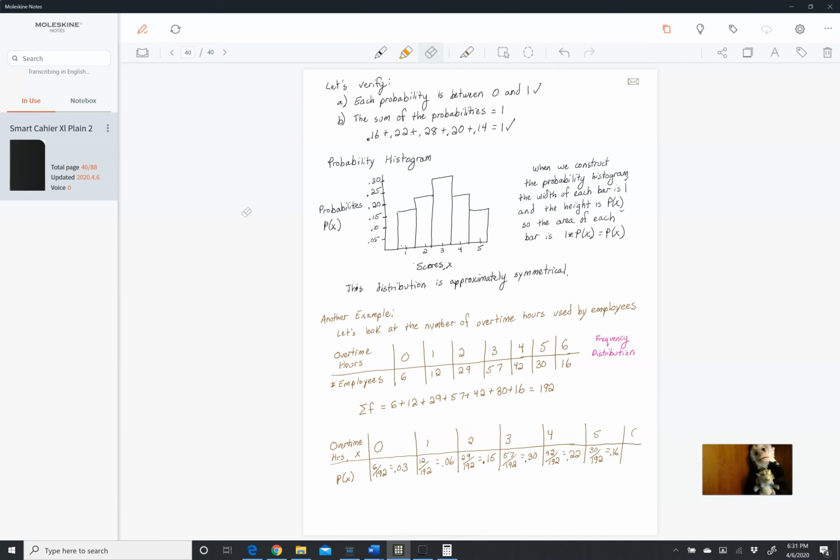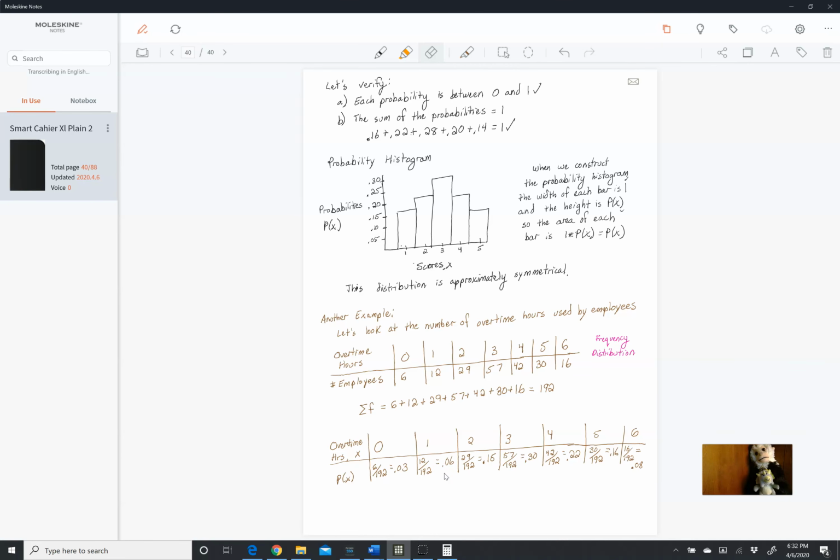And finally, 6 hours is 16 over 192, which is 0.08. I'm going to write that again, it kind of went off the page. I'll write it down here. Maybe it's a little bit clearer. So it's equal to 0.08.